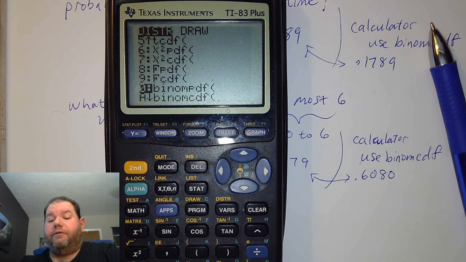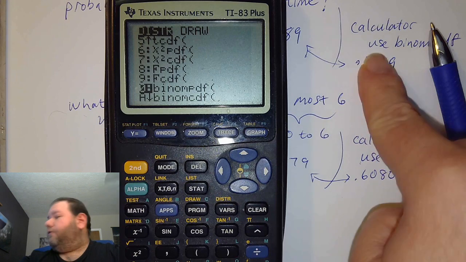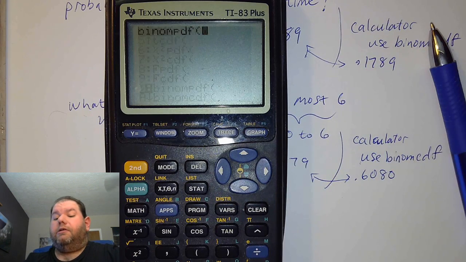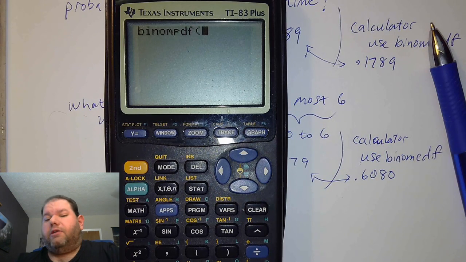Now on the 83s we'll select Binomial Pdf for the first problem again. On the 84, if you have that, it'll prompt you to fill in the values just like we saw in the 36. It's much more user-friendly than 83 here. 83 though, we actually have to enter the values by hand.